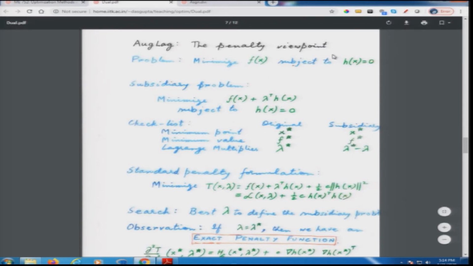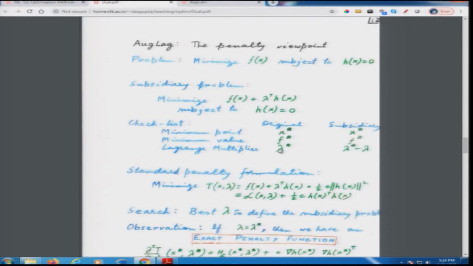So, first order necessary conditions will be the same, except for a change in the Lagrange multiplier. If the original problem has its minimum with Lagrange multiplier lambda star, this new problem will have lambda star minus lambda, because it is the same h(x) appearing in both. The original problem is minimize f subject to this constraint; the subsidiary problem is minimize f plus lambda transpose h subject to the same constraints.